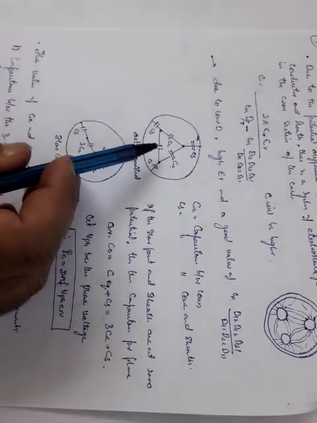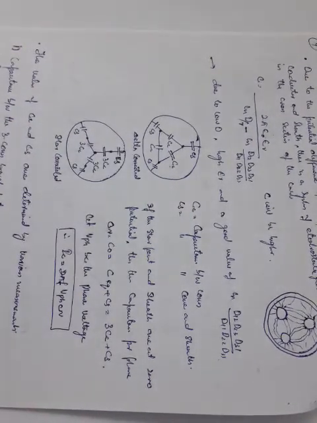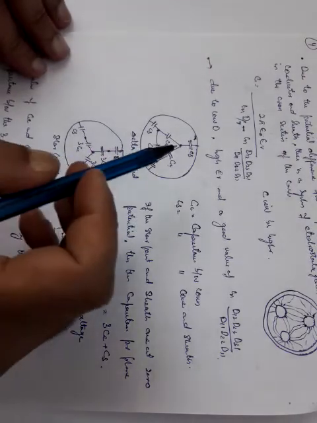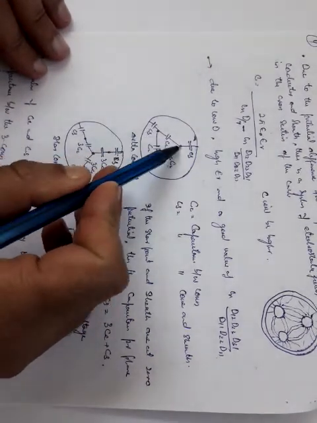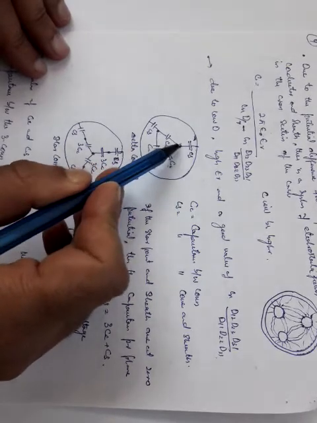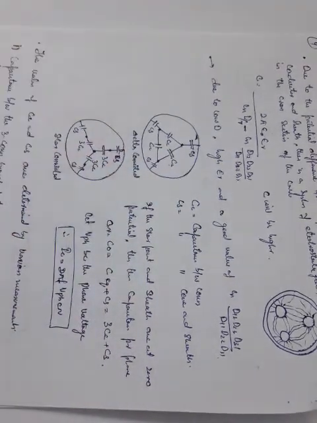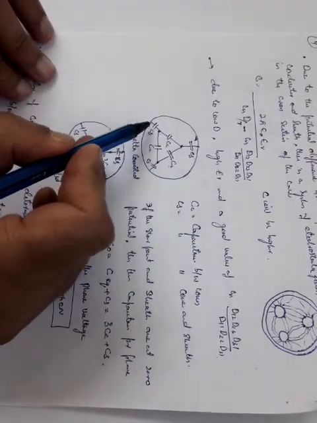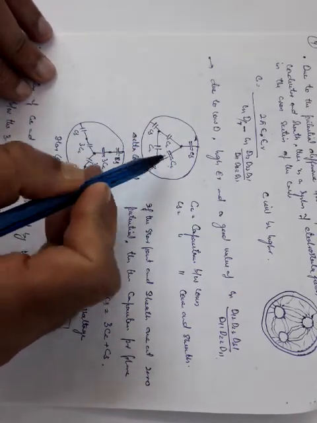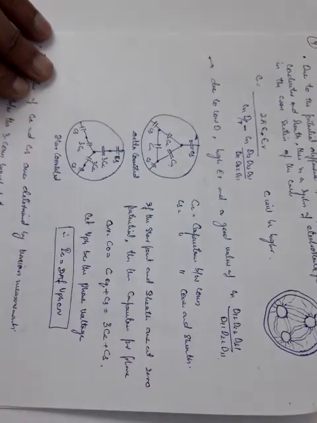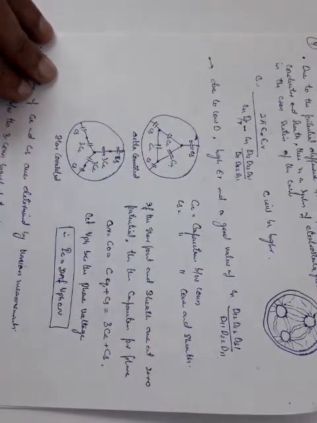Now this is the equivalent circuit of a three-phase underground cable, where these 3 points represent the conductors, and this capacitance is the capacitance between conductor and sheath. This is also the capacitance between conductor and sheath. This is the capacitor of the conductor and sheath. This represents the capacitance between the two conductors, like this.